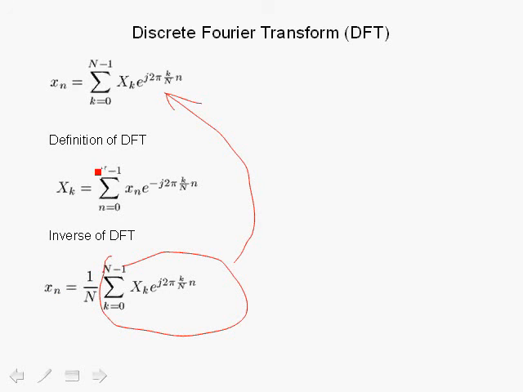At the receiver, as shown over here, all we need to do is perform a forward discrete Fourier transform. So we have the time domain samples, we perform a forward DFT, we get back the N constellation points, which we can then map back to the bits and recover the original bit stream.